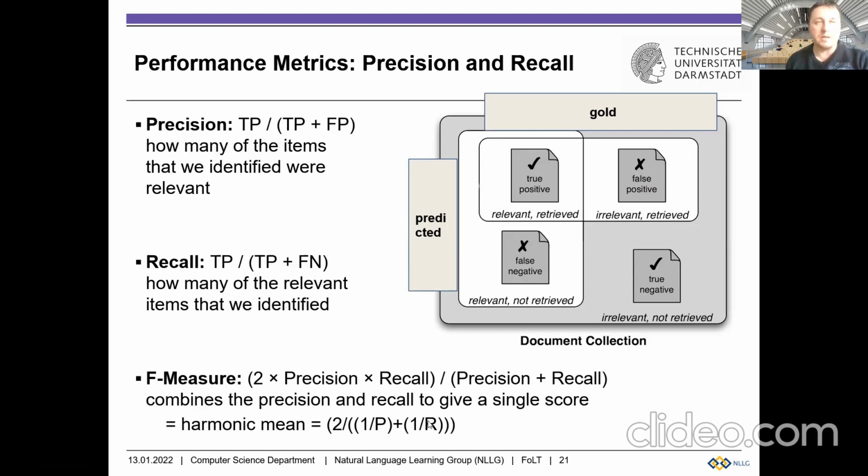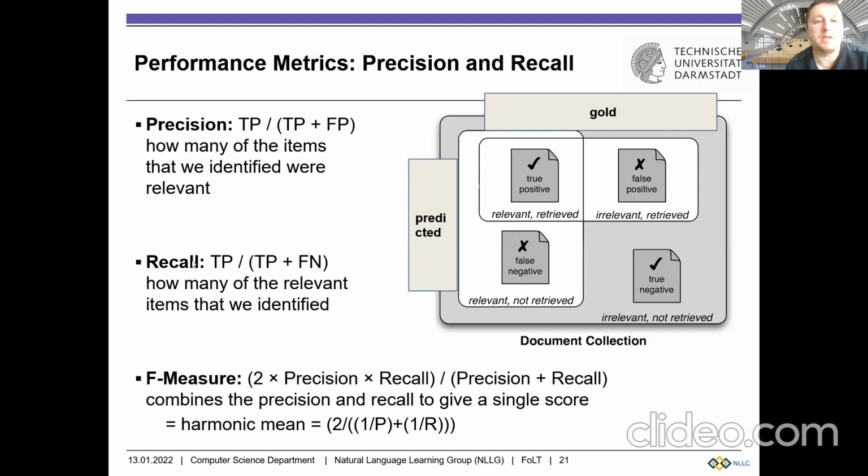And what is interesting about the harmonic mean is that it's closer to the minimum of the 2 numbers. And it's also worth pointing out that there are many different means, the most popular being the standard arithmetic mean of P and R, which would just be P plus R divided by 2. The arithmetic mean has the property that it's exactly in the middle of the 2 numbers, right?